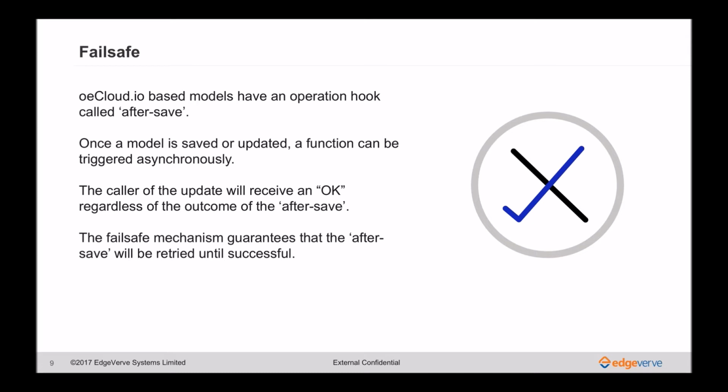But the issue is that when a client posts an update to a certain model, the client will receive an OK, a code 200 from the server, and thinks everything is fine. And this has nothing to do with the code or the procedures that are going to be done in the afterSave. And perhaps those may or may not be successful. The user may not know about it. So oecloud built in a mechanism where these functions in the afterSave will be called over and over again until they are successful.